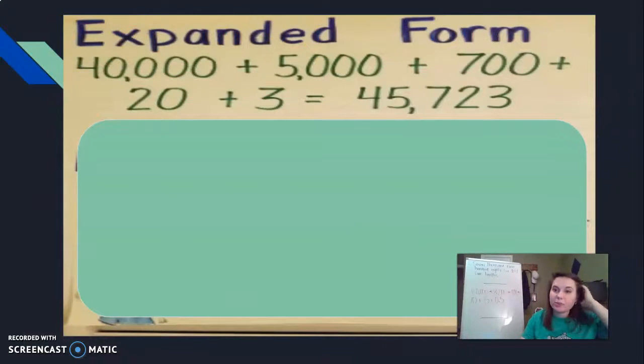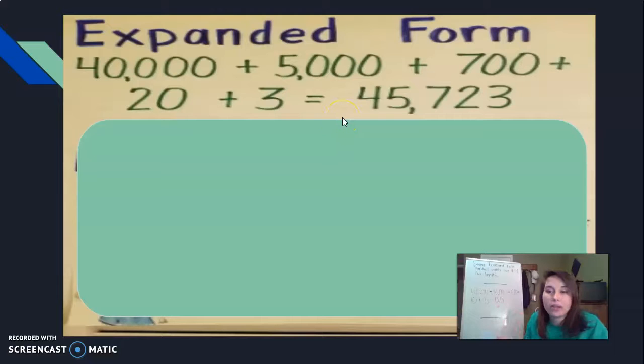And since my camera's blocking expanded form, we're going to move on to talk about it here. Expanded form is another way to write a number, and that just means we're expanding it out. We're making it bigger. So looking at this number, I have 40,000 plus 5,000 plus 700 plus 20 plus 3. And what does that equal?